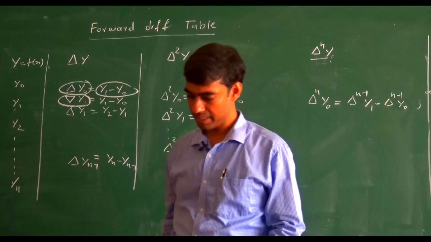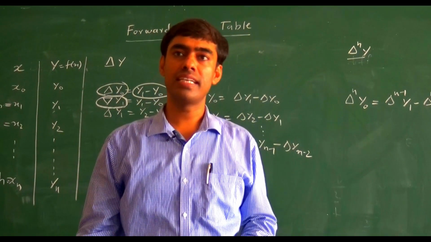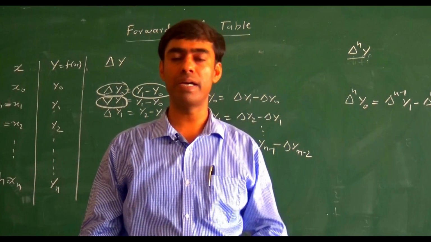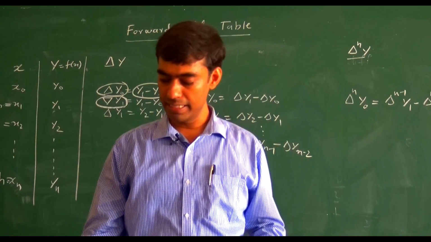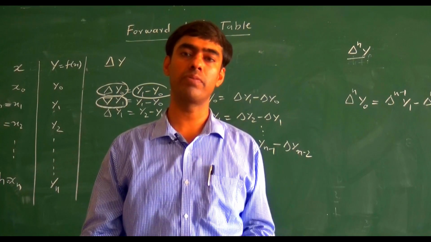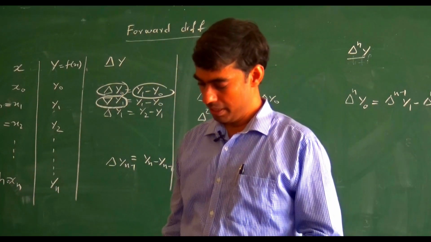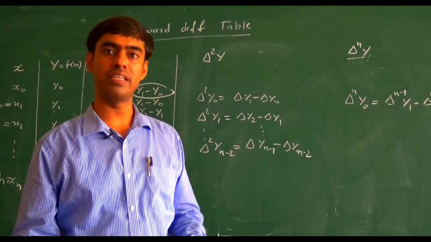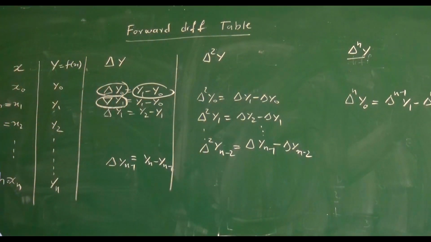So once again, I repeat this statement: there is nothing different between the forward difference table and the backward difference table in terms of calculation, but in terms of notation there is a difference between the forward, backward, and central difference tables. So let us take a simple example and try to explain how we find our difference table.